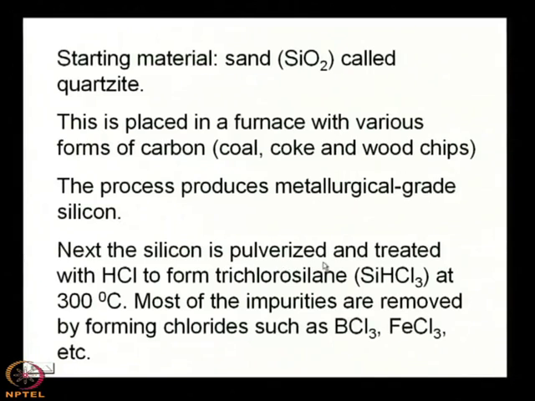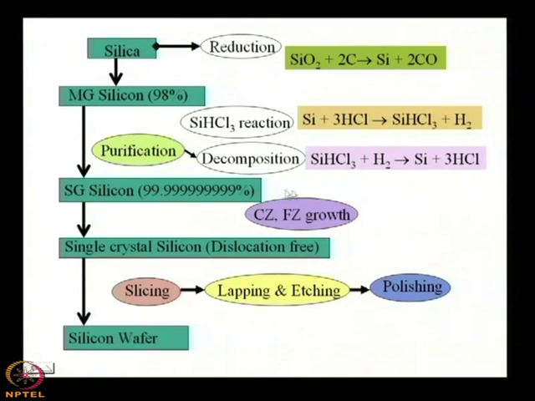Next, the silicon is pulverized and treated with hydrogen chloride to form trichlorosilane at 300 degrees centigrade. So, if you see this reaction, silicon reacts with hydrogen chloride to obtain trichlorosilane. Okay? This trichlorosilane is a very important product in the sense that its melting point is just 31.8 degrees centigrade.